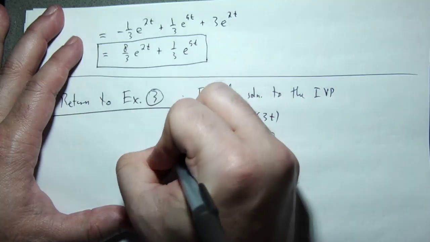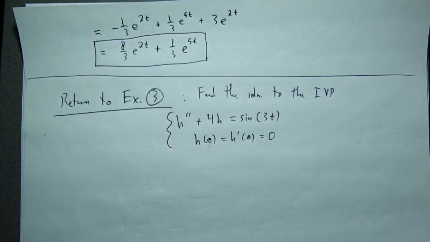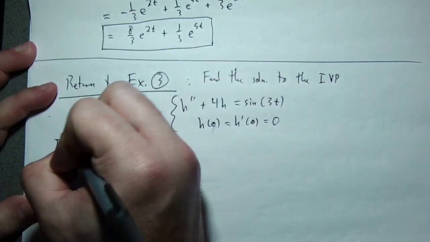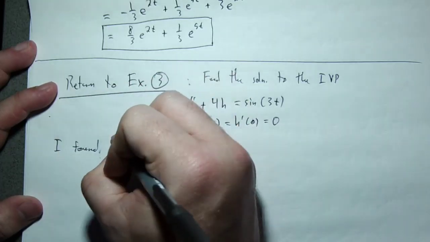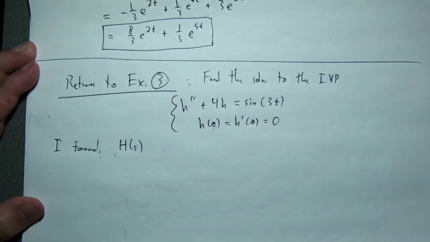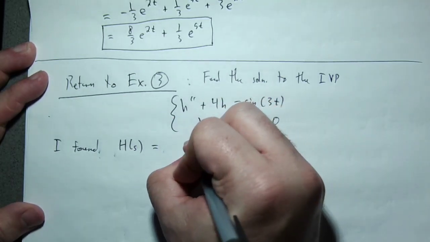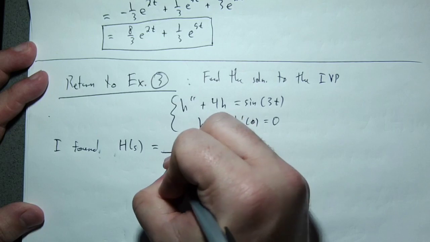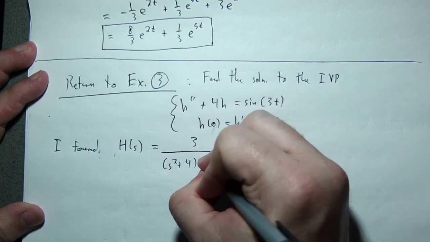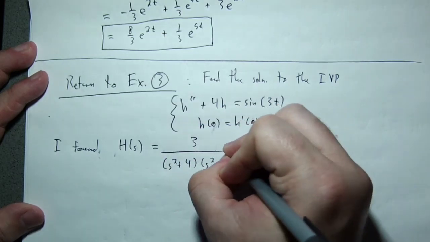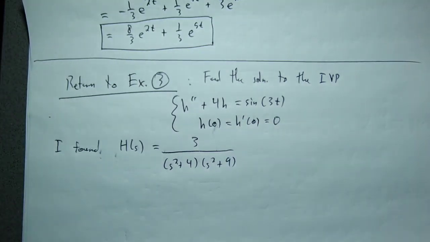So here's my IVP. Now I found previously that the Laplace transform of my unknown h was 3 over (s squared plus 4)(s squared plus 9).